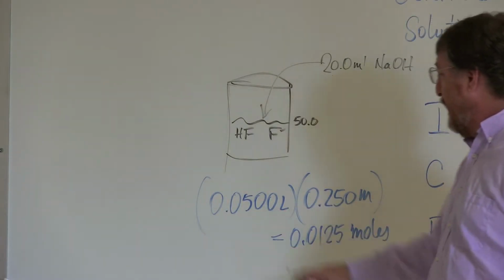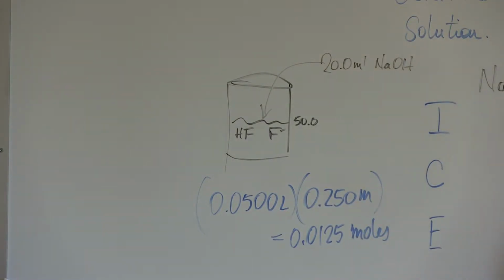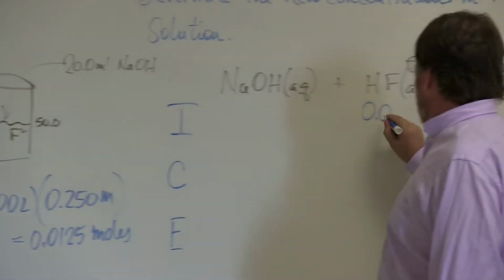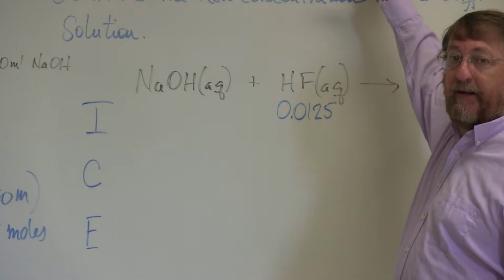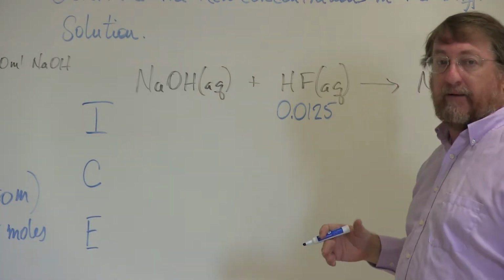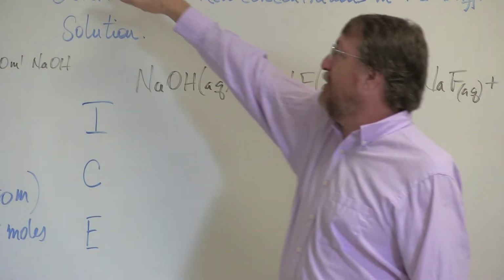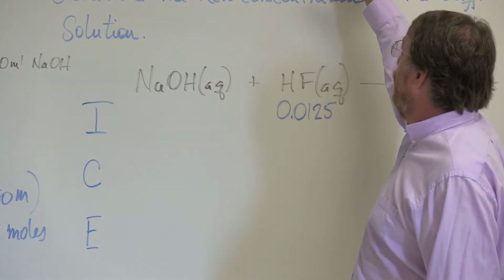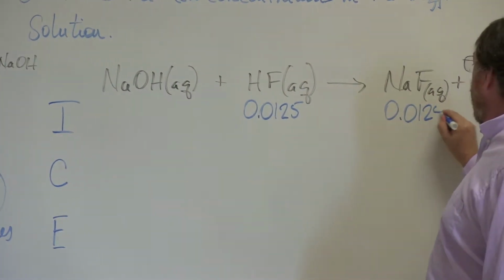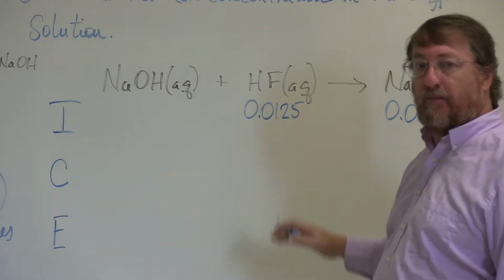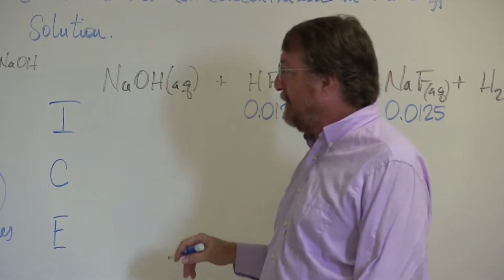Remember, molarity times volume equals moles. So my initial moles of HF is 0.0125. Now, since NaF has the exact same molarity, it's the exact same calculation: 50 milliliters times 0.25. So it also initially has 0.0125 moles. We're putting the initial moles across in the I slot.